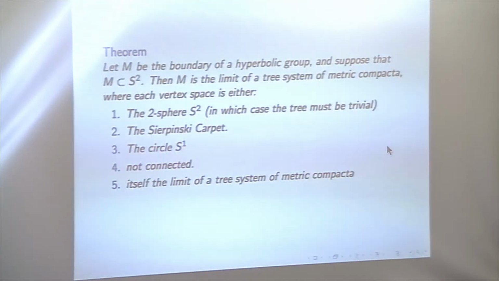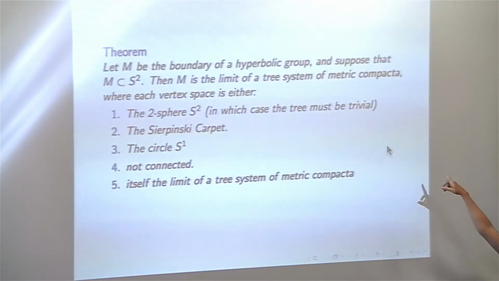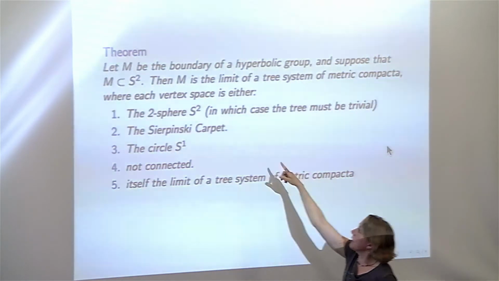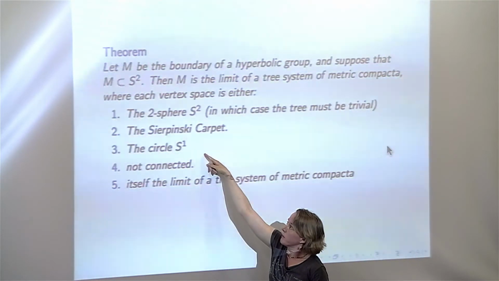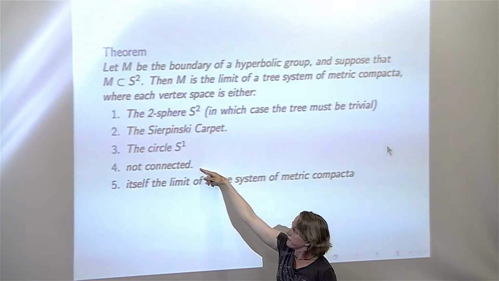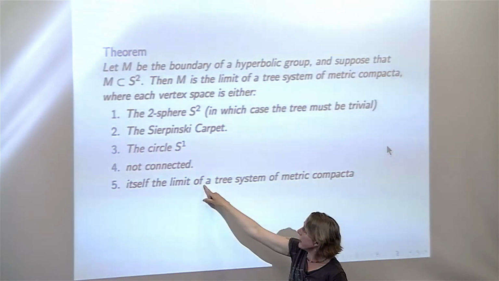Then it's going to be the limit of a tree system of metric compacta, using Bowditch. Either it's the 2-sphere, so there's a trivial tree, or it's the Sierpinski carpet, so it's planar but doesn't have any cut points. Or it's all cut points, that's the circle. Or it's not connected.